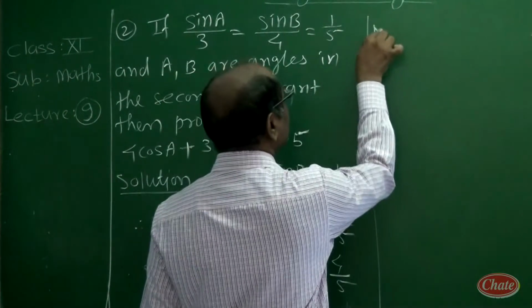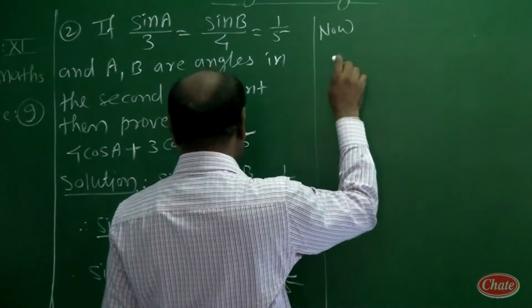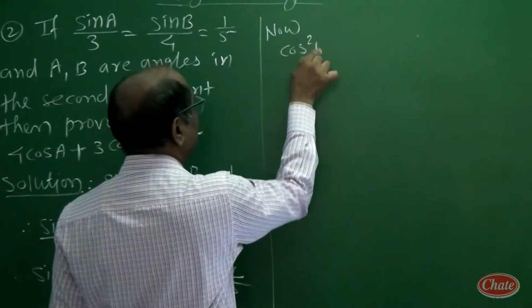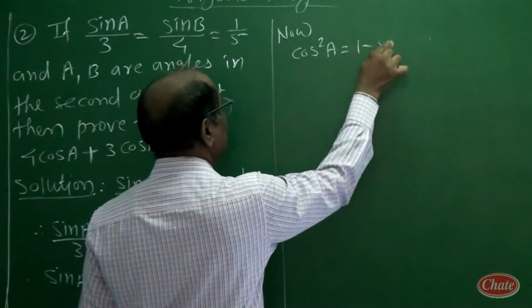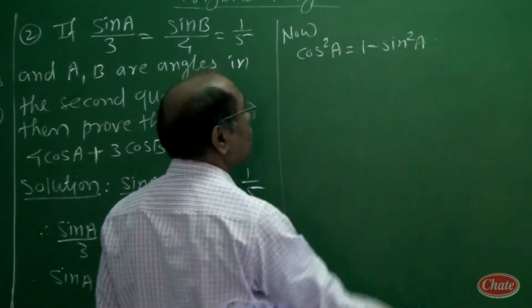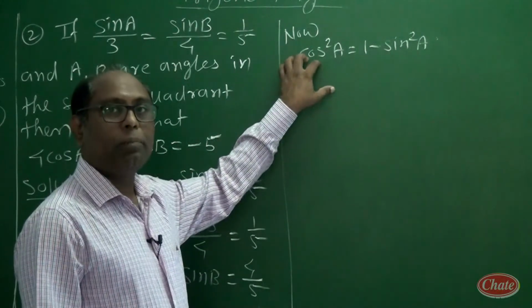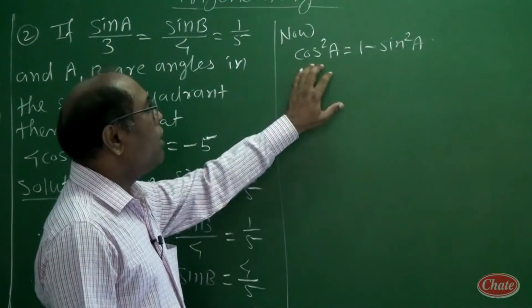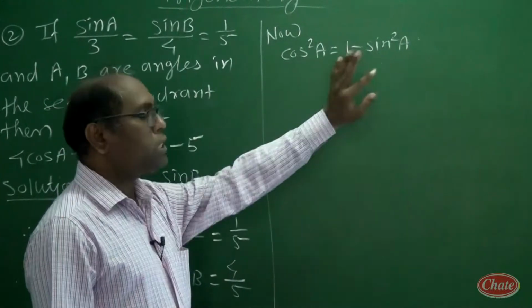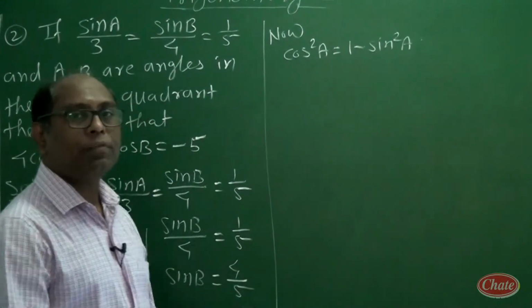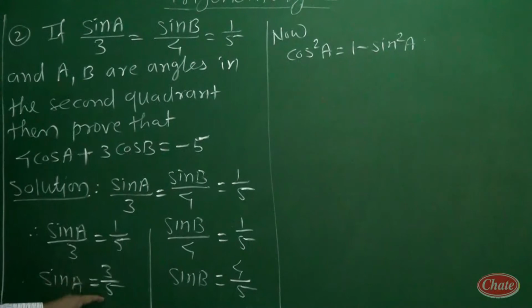Now we know that sin square A plus cos square A is equal to 1. Therefore cos square A is equal to 1 minus sin square A. Now here we have to put the value of sin A. What is the value of sin A? 3 by 5.